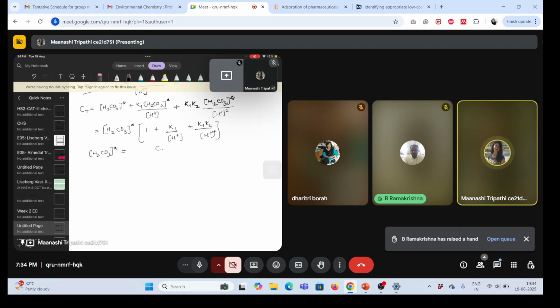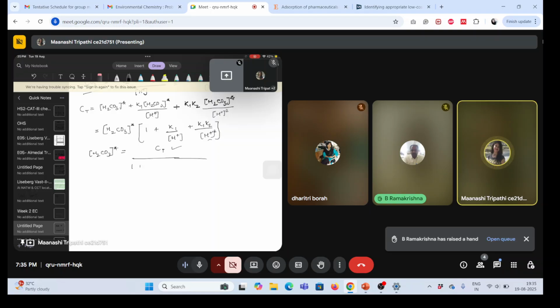CT, we know, is what we have initially added. If we have added 1 molar H2CO3, CT will be 1 molar. Whatever happens, even if H2CO3 is being converted to the carbonate system, CT will be 1 molar. We also know the pH, and we want to calculate H2CO3 star. Very simple.